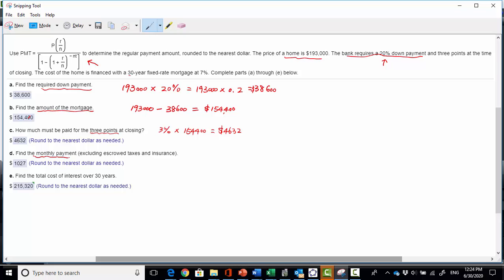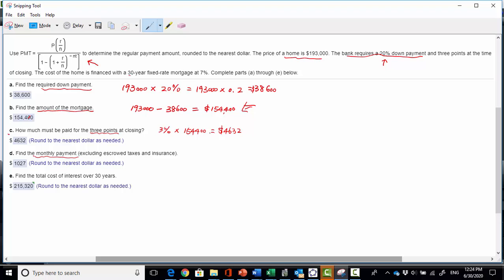Now let's take a look at how we're going to calculate the monthly payment. The monthly payment is calculated from the mortgage. Your mortgage from part B is $154,400. The points we calculated in part C have nothing to do with the mortgage here, so your mortgage is still this amount.